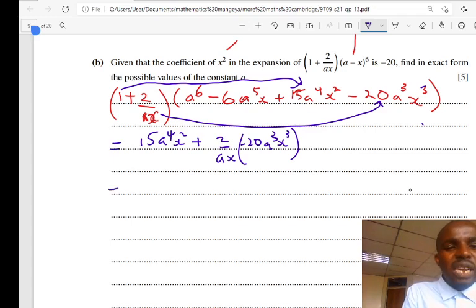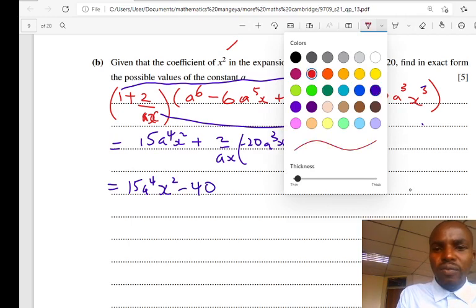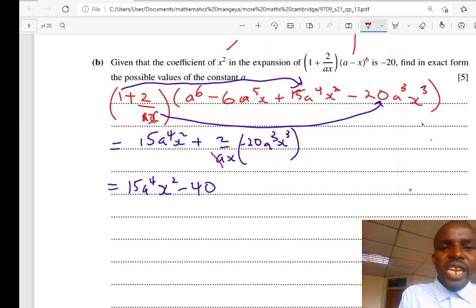So the other terms, there is no problem. This one will be 15a to the power 4 x squared, then plus this one, it will be minus, actually. This one will be minus 2 times 20 is 40. Then a and a cubed is a squared here.